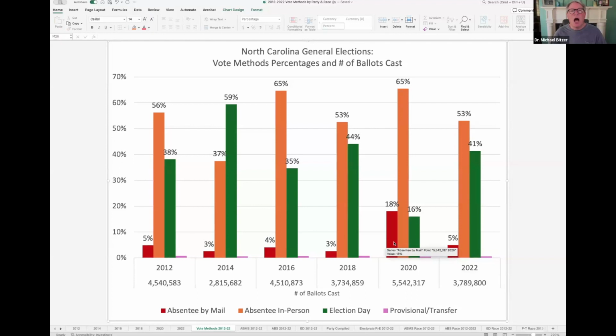This was unheard of. 1 million ballots came by mail in North Carolina, and that has never been seen before in terms of the dynamic of that vote method. It went back down in 2022's midterm. My suspicion, my hypothesis, is it'll go back to the range of 3 to 5% mail-in for 2024. We'll just have to see what the final numbers portend.